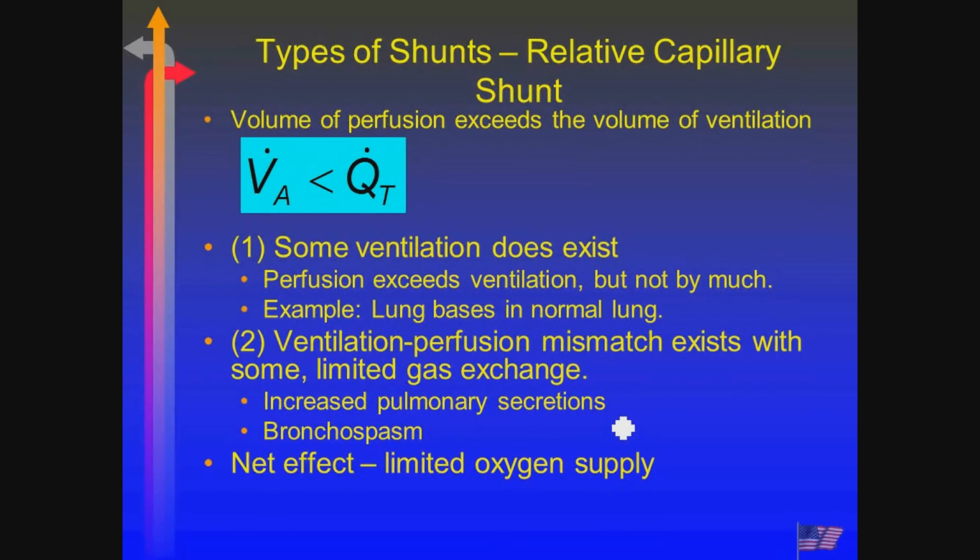This is just kind of reiterating what I just said. Perfusion exceeding ventilation, and you end up having a reduction in the oxygenation as a net effect.